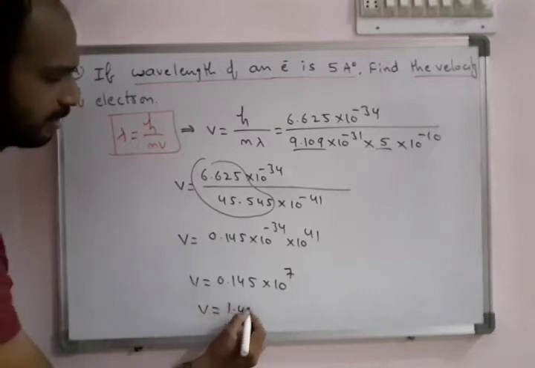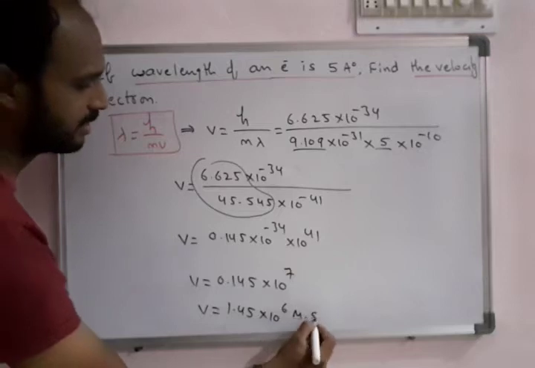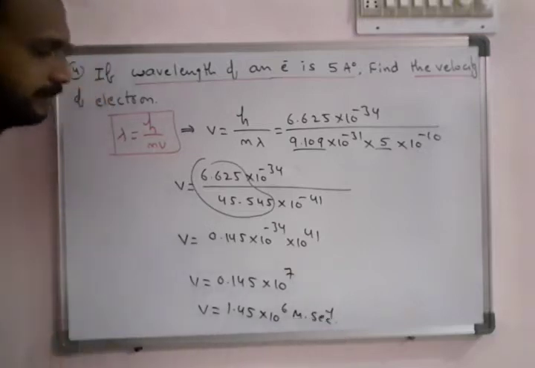So generally we make it as 1.45 into 10 power 6 meters per second.